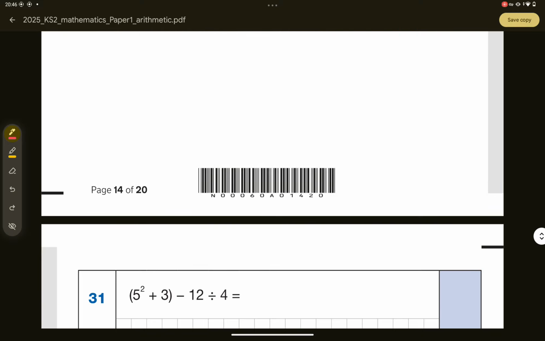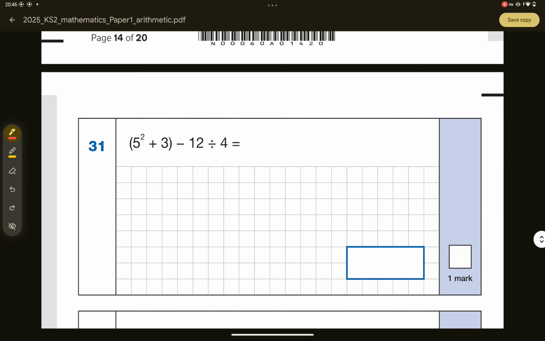Yeah, but 2 marker. So 5/12, and then this one is BIDMAS, which is brackets, indices, multiplication and division, and addition and subtraction. So we have to do the bracket first, and in the bracket is the indices, or in other maths it's called order. And then for the small 2, you have to do 5 times 5, which equals 25.